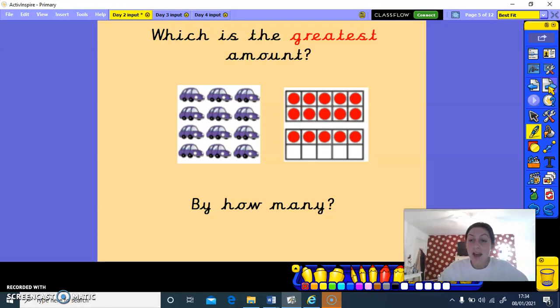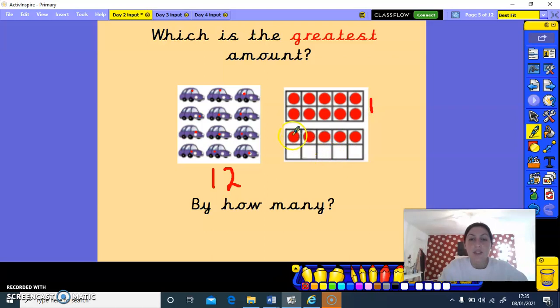Okay, let's work out this amount this time. Let's count the cars first. 1, 2, 3, 4, 5, 6, 7, 8, 9, 10, 11, 12. This is 12. Let's work out the Numicon. I know this is a 10, as this is a tens frame and it is full, so that is 10.